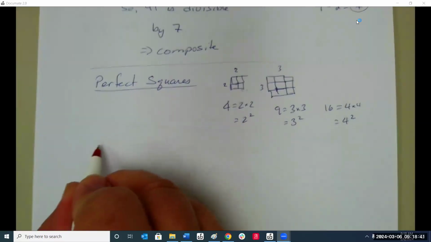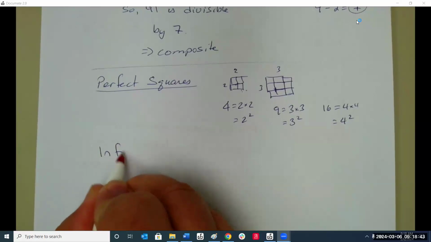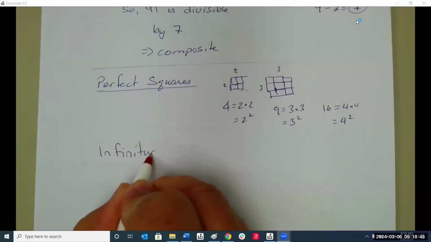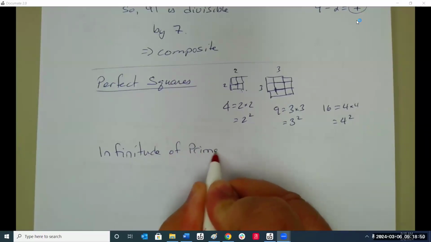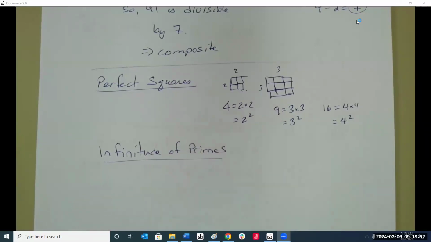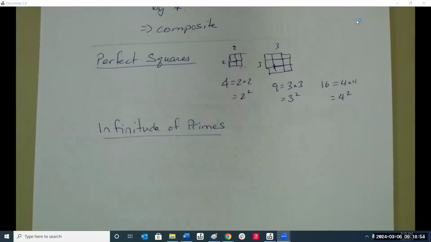Infinitude of primes. What is that? Does the list of prime numbers ever end? Not that we know of. I mean, we just found out that 379 was a prime number.